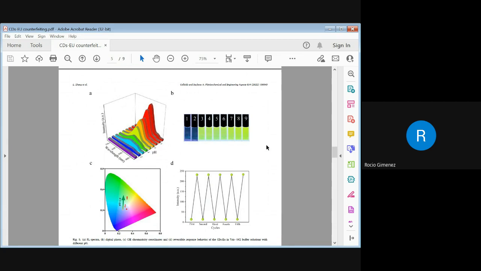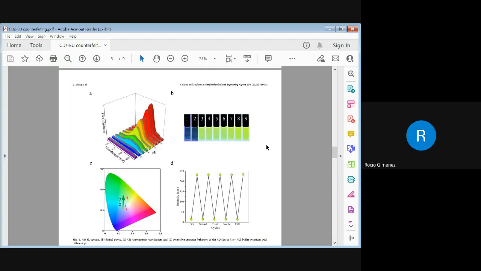They saw that the fluorescence intensity at 525 nanometers was significantly enhanced with the increase of pH from 1 to 9. The fluorescence color of this nanocomposite solution also switched from colorless to green under UV light radiation as the pH increased.